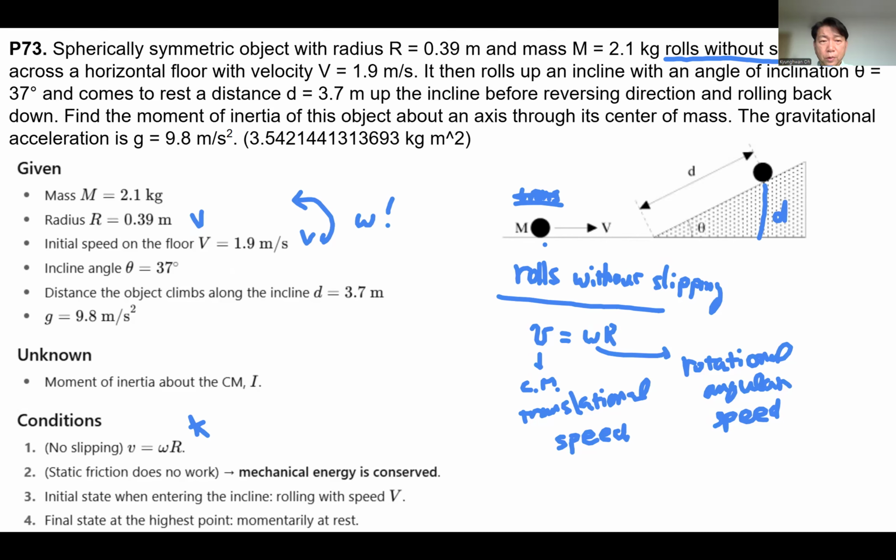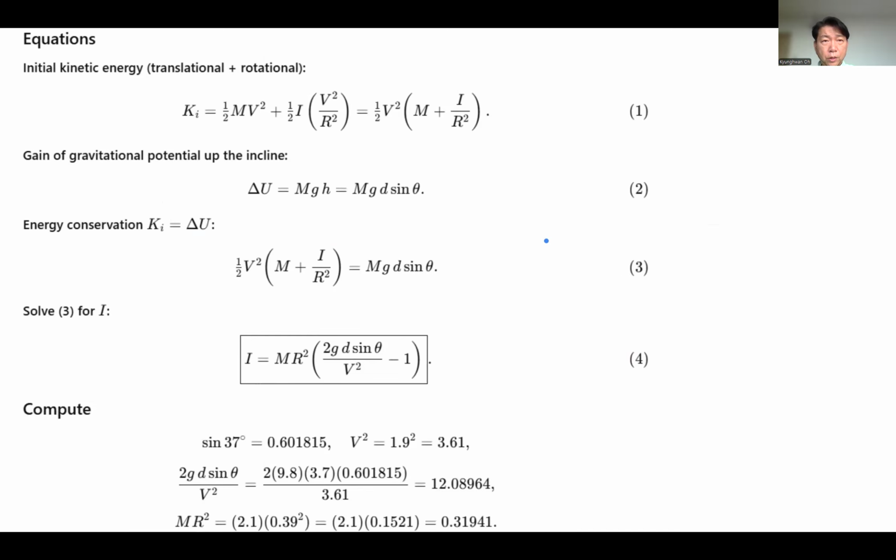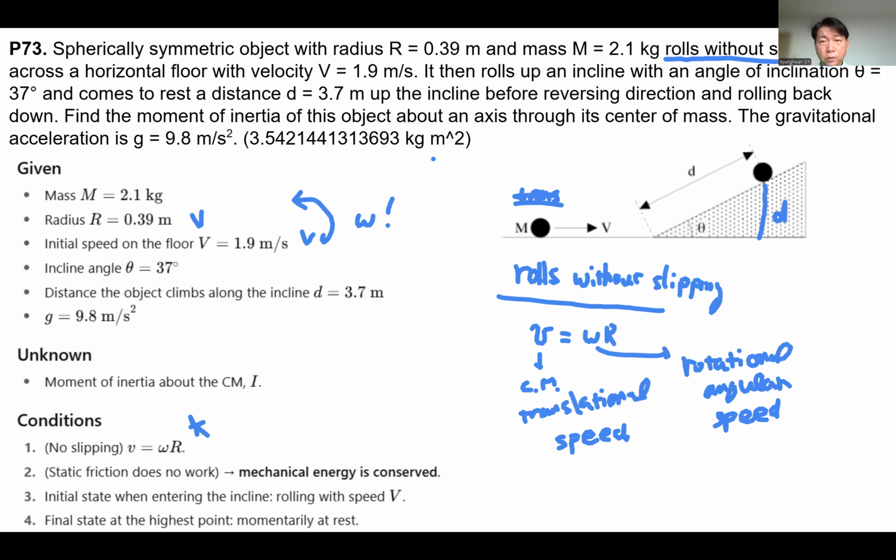So initially it has both translational kinetic energy and rotational kinetic energy, and then it should be equal to this final energy. In the final energy, there is no speed, no motion at all. That means there is no kinetic energy. So initially it has only kinetic energy, and finally it has only potential energy.